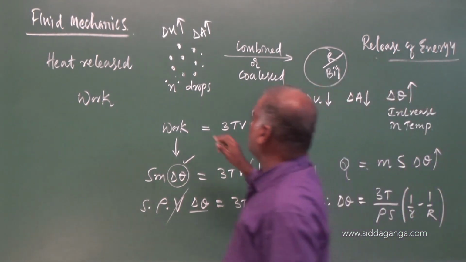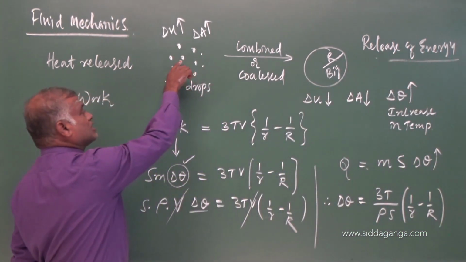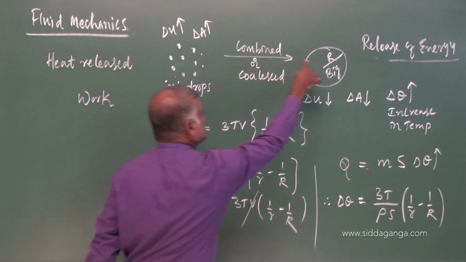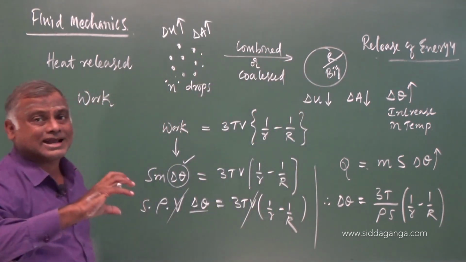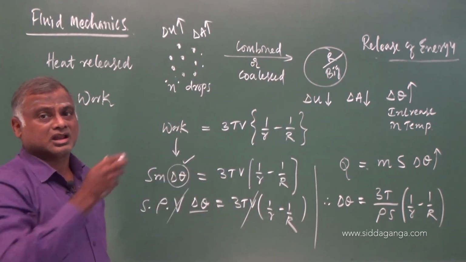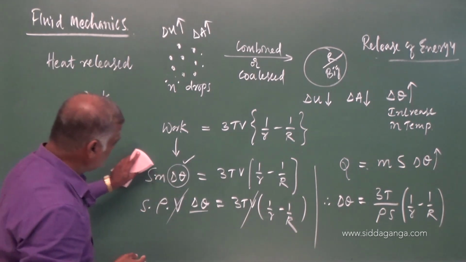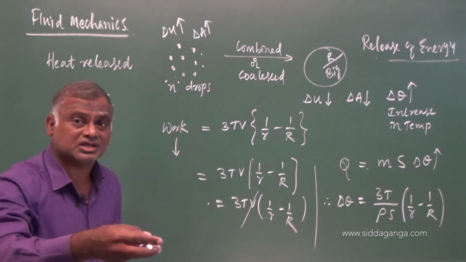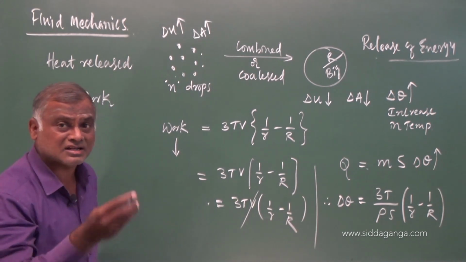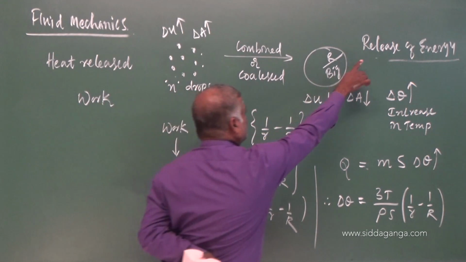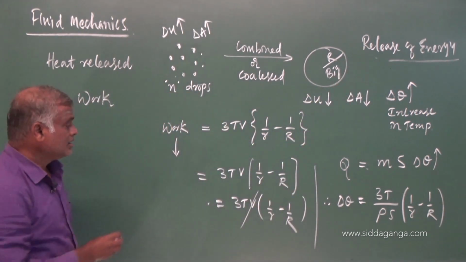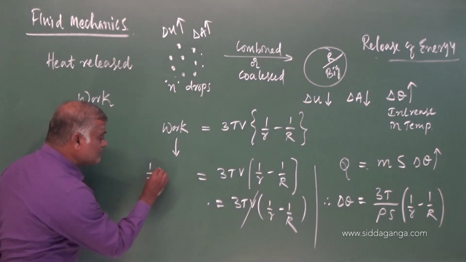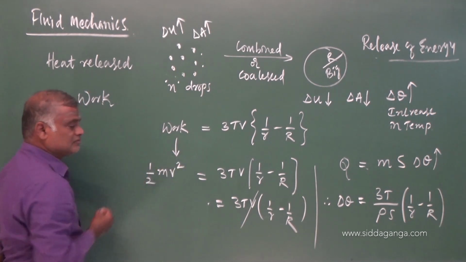Means in doing this, combining these n drops into a big drop, some mechanical work is being done. In this case, the work done is converted into equivalent mechanical energy. Because of the release of energy, the kinetic energy of the molecules will increase.